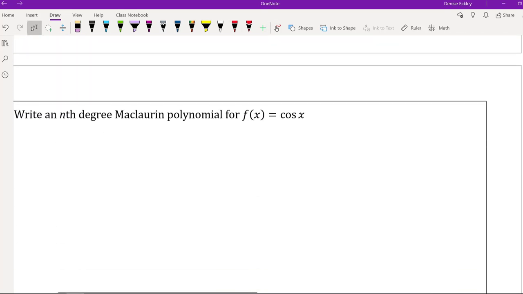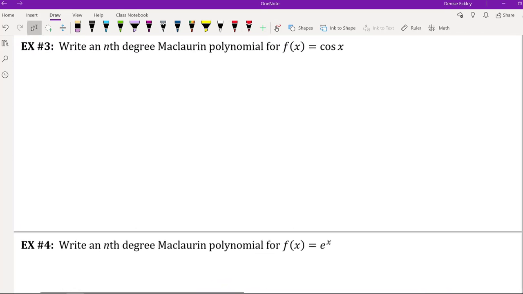Okay, for the next one now, let's do cosine the same way we did sine, and we're going to see that the opposite's going to happen for cosine. We're going to get all the even terms of the Maclaurin polynomial. So let's just take our derivatives like we did in the other one. So we had f prime of x is going to be negative sine x.